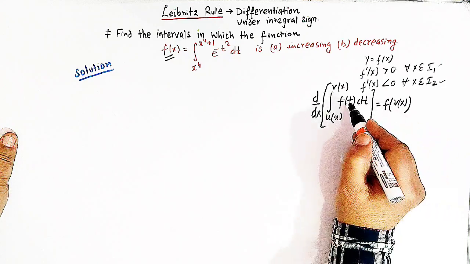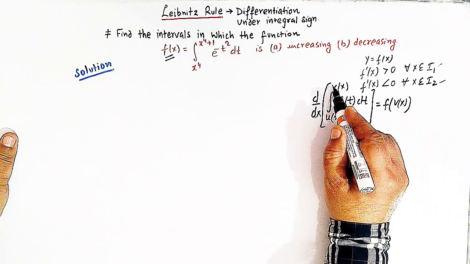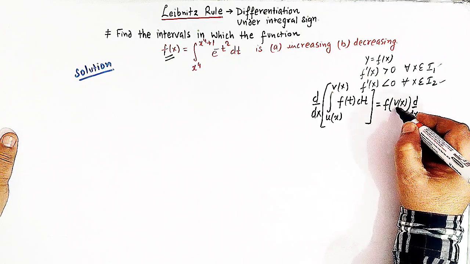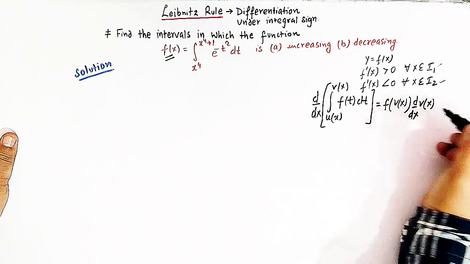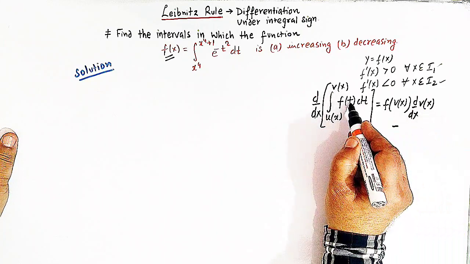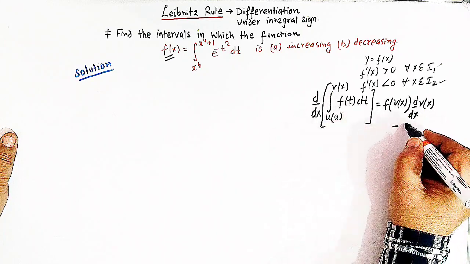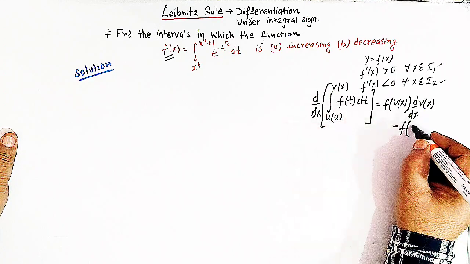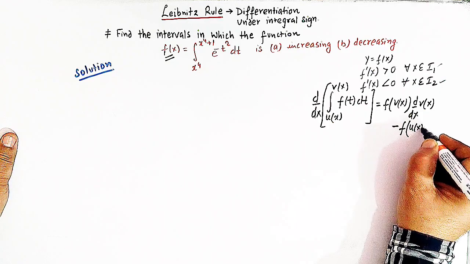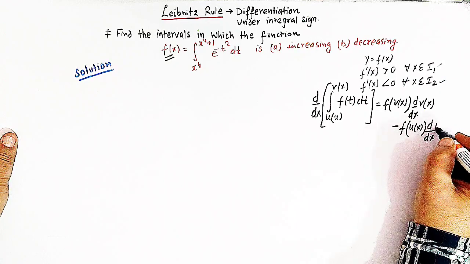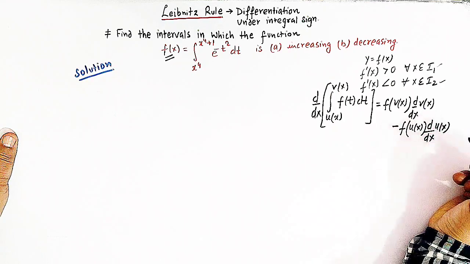So first we will replace this variable t by v of x, and then we'll find out the derivative of v of x, right? And then we have a negative sign, and then we'll replace this t by u of x. That is f of t is now f of u of x, and then we'll find the derivative of u of x, right?